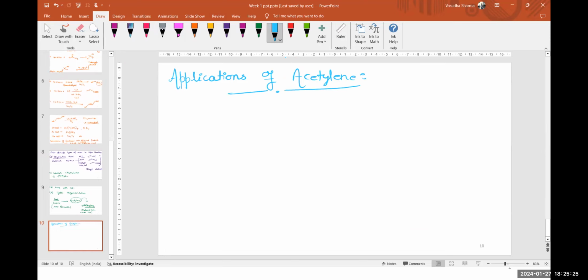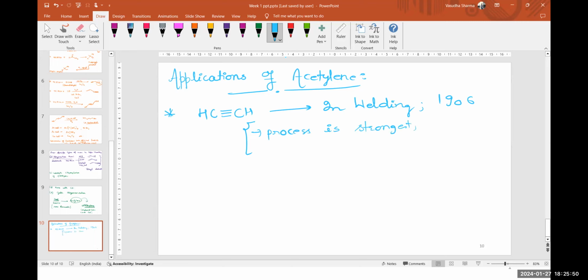One of the major applications was that it was being used in welding. In 1906, it was found that the use of acetylene and the corresponding process was strongest, safest, and simplest to be used as a fuel gas.